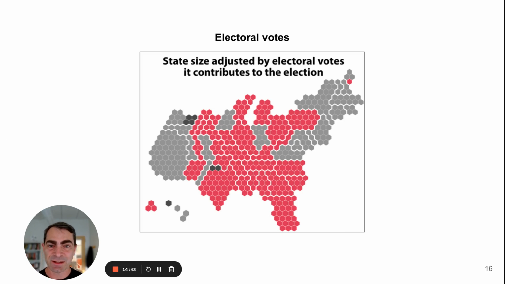So here is a different map that shows the electoral votes and how they contribute to the elections. This is a much closer visualization to what actually happens. And you can also see how close the two parties and the two candidates were at the elections, and where they actually won. So this is really interesting, right?